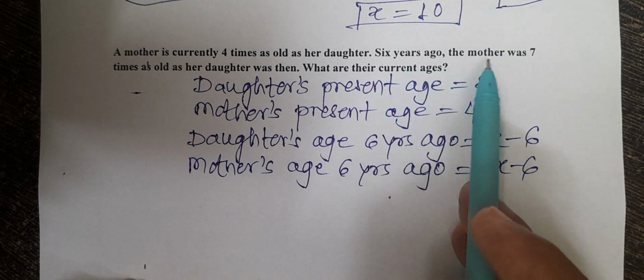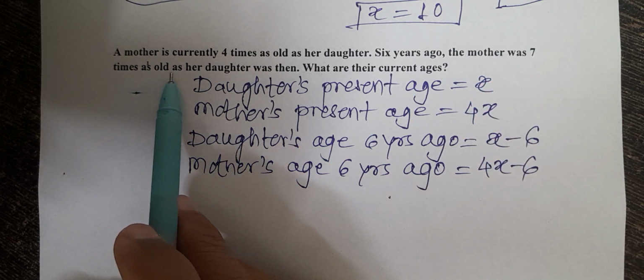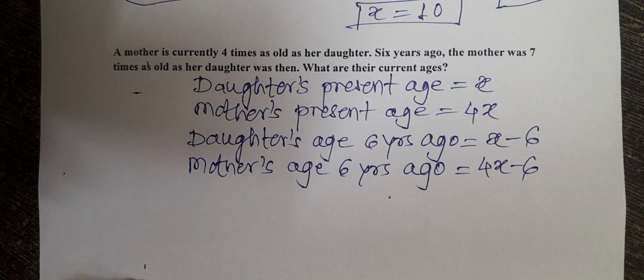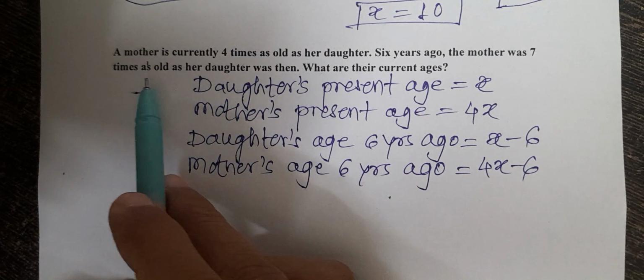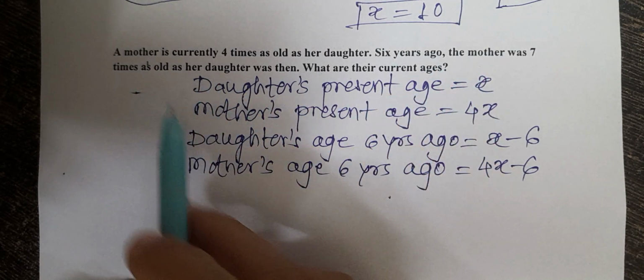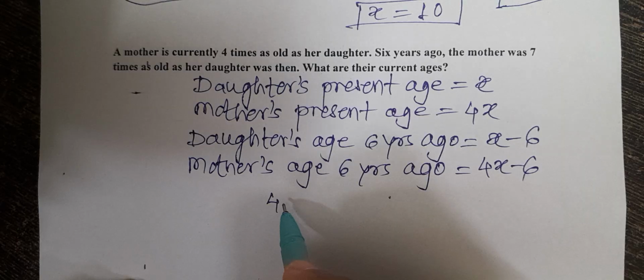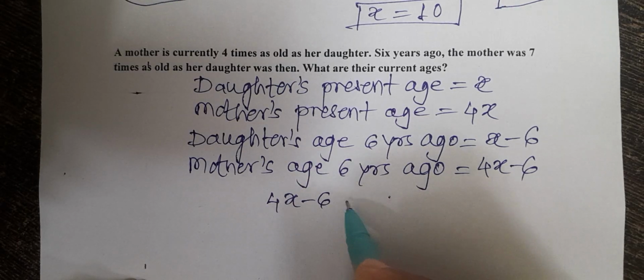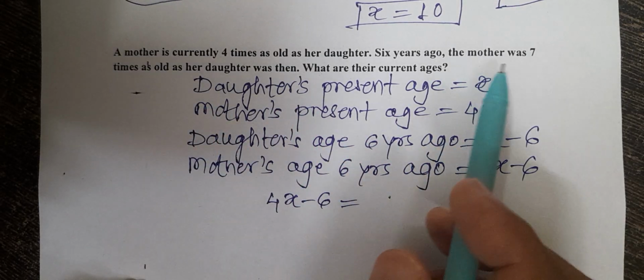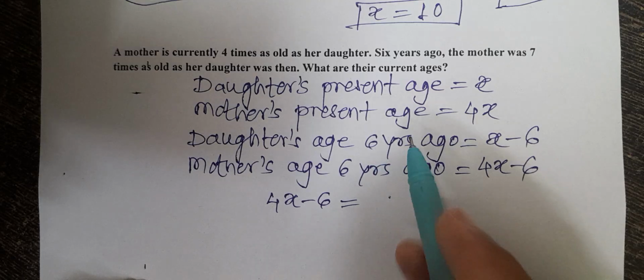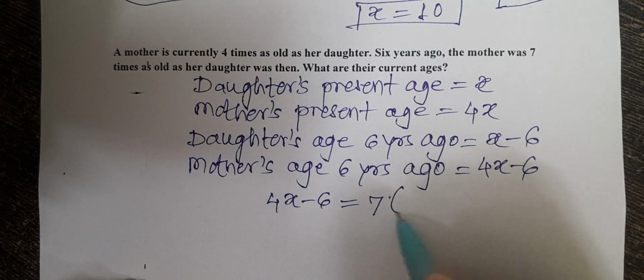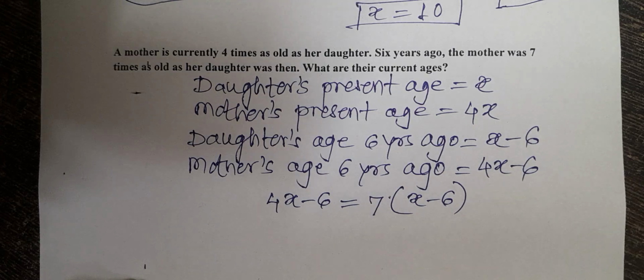But 6 years ago the mother was 7 times as old as her daughter. 7 times. So mother's age is 4x minus 6. Mother was 7 times as old as her daughter. So this is the equation.